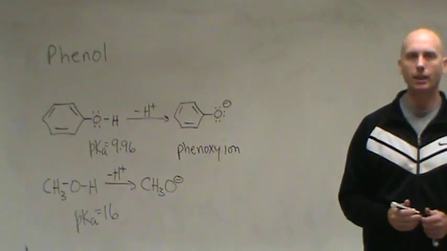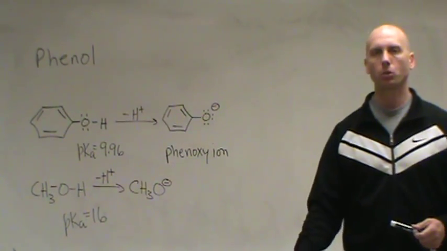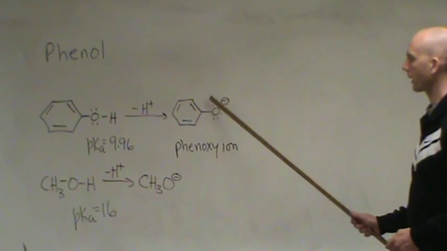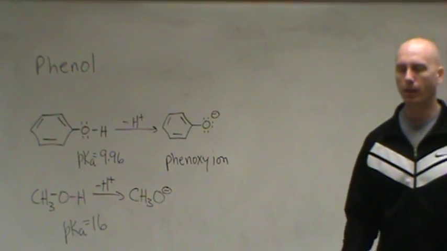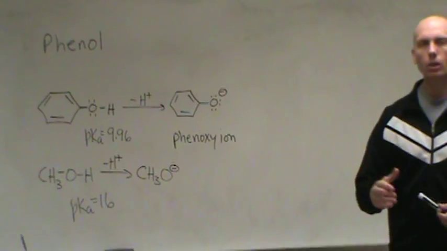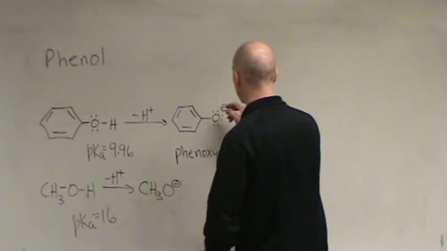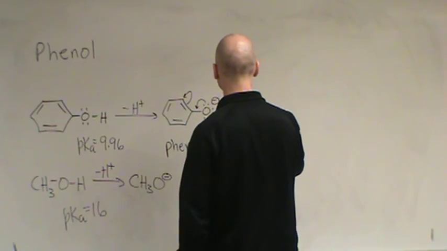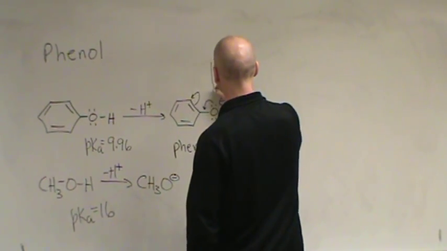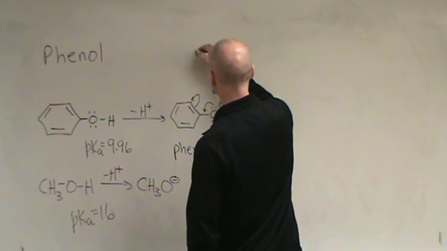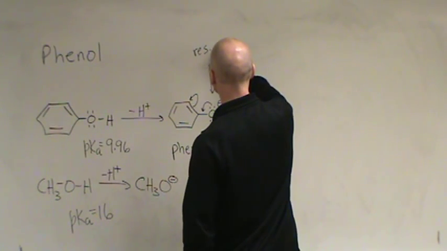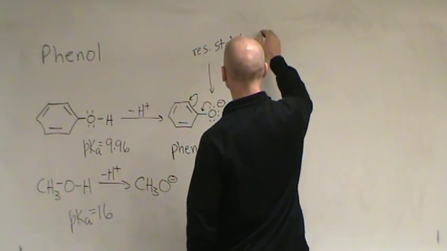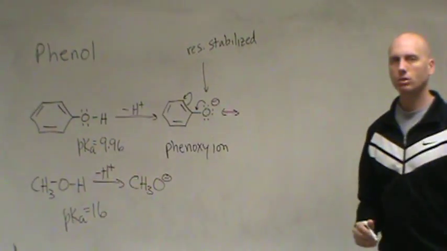And as you can see, the phenoxy ion has special properties, doesn't it? We have a lone pair next to a pi bond, so we can draw resonance structures. So this negative charge here is resonance stabilized.